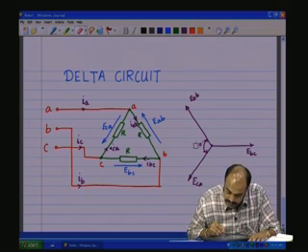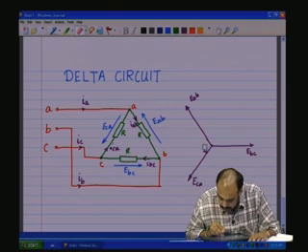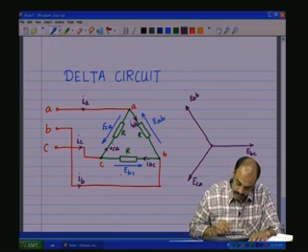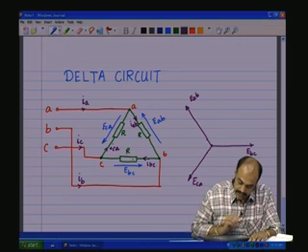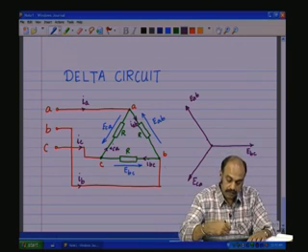The phase voltages in this case are the line voltages themselves, and therefore the currents IAB, IBC and ICA will be in phase with the voltages across those terminals.